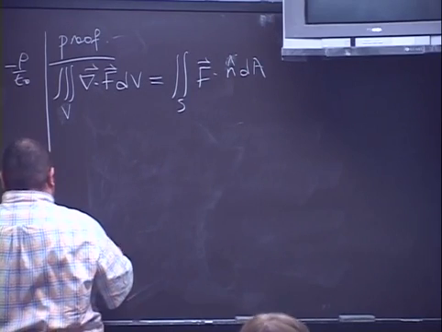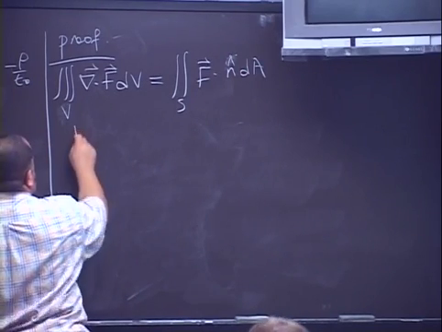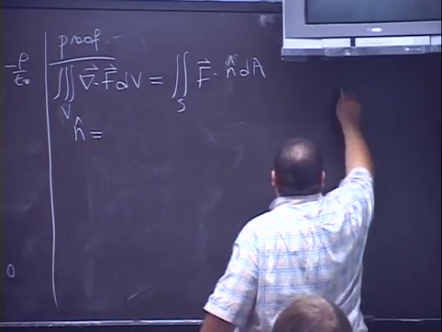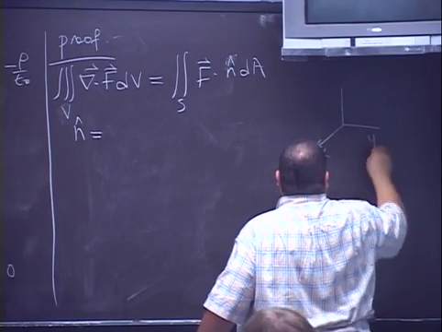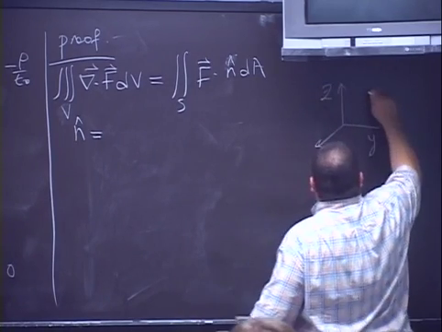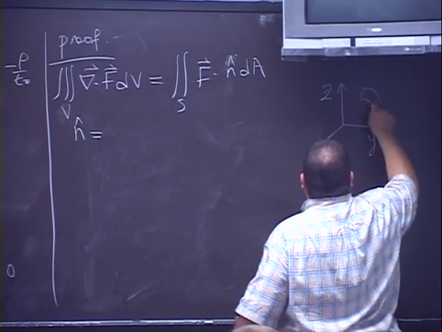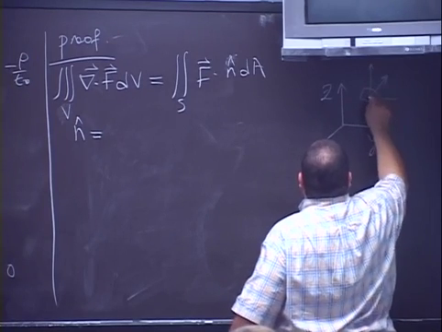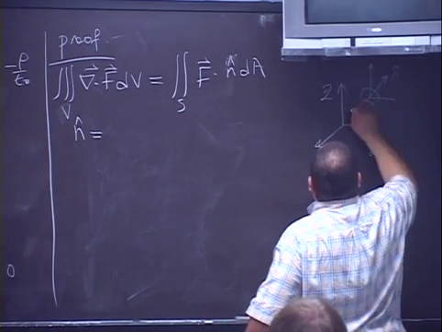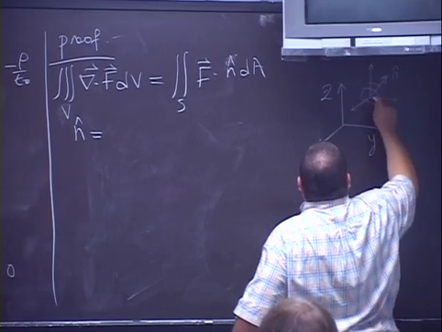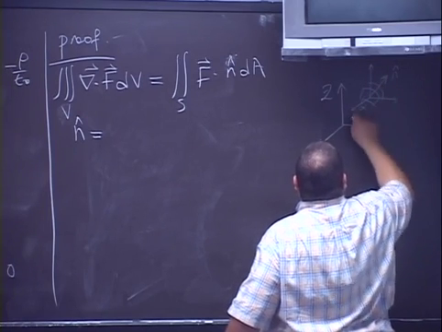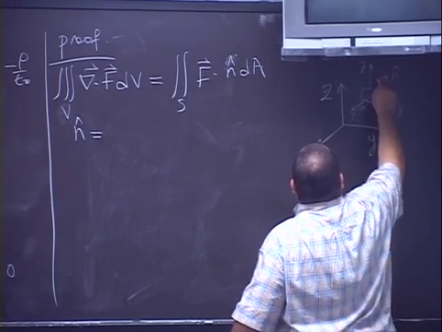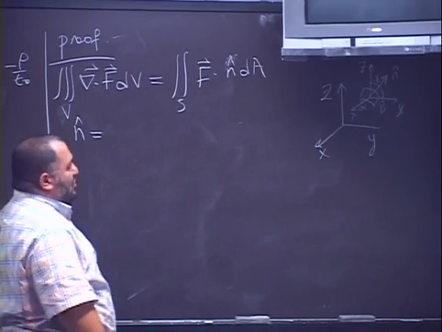So let's assume that we have n, the unit normal. This is x, y, and z, and let's assume that you have your area here like this, and this is again z, so this is the unit normal, and the unit normal makes angles alpha, beta, and gamma with these three coordinates.